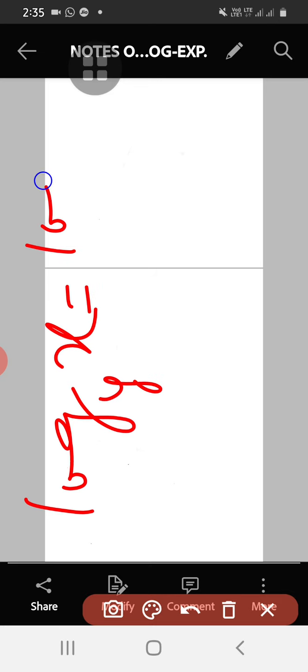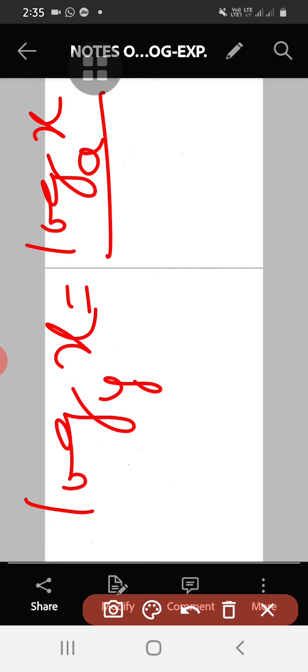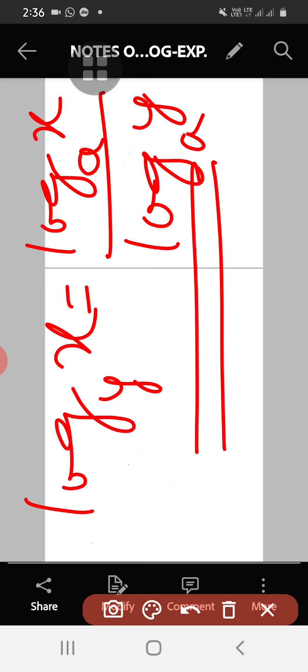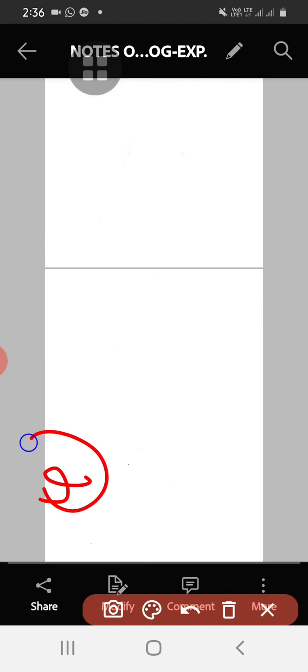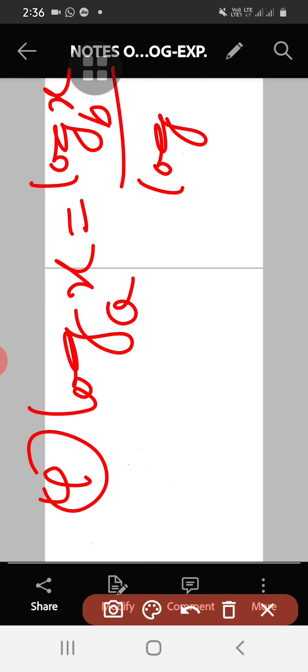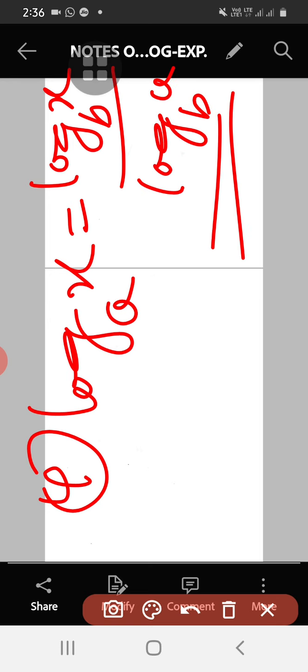If you want to change the base to a, then log x base a over log y base a. This rule is called the change of base rule. So this is the fourth one. Generally, log x base a is equal to log x base b over log a base b. This is the change of base rule.